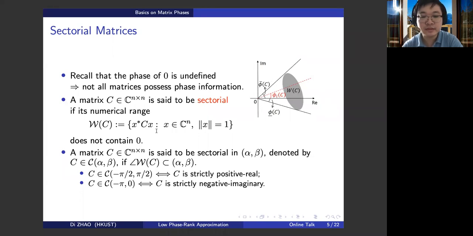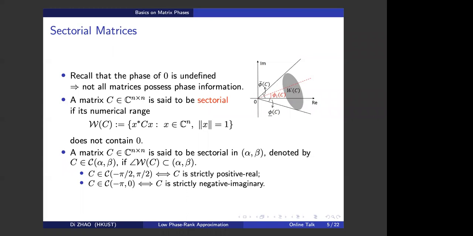And after this low phase rank approximation, we just put some of the large non-zero phase to zero. Then the spectrum will shrink.